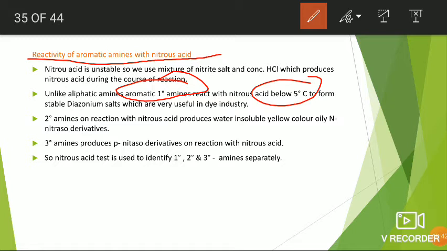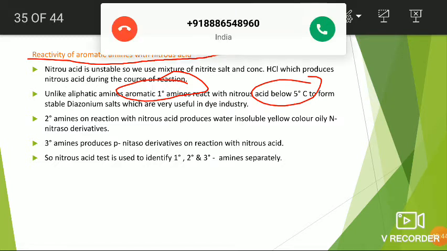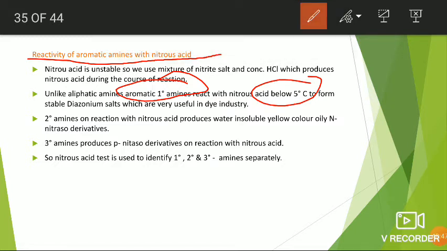This stability is only below 10 degrees centigrade. That is, aromatic diazonium salts are also stable up to 10 degrees centigrade only. Above 10 degrees centigrade, these aromatic diazonium salts also undergo dissociation to form different products.